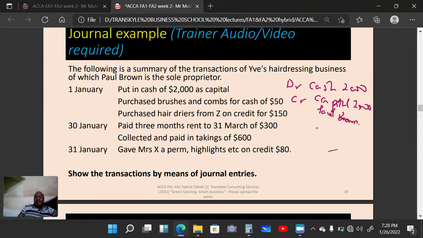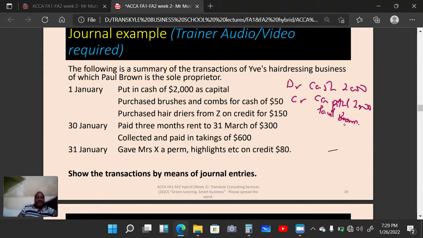So the business is to respect Mr. Paul Brown by recording him as a payable. But in this case, it's a special payable, so we call this payable capital, because Paul Brown is a very interested guy who is running the show.